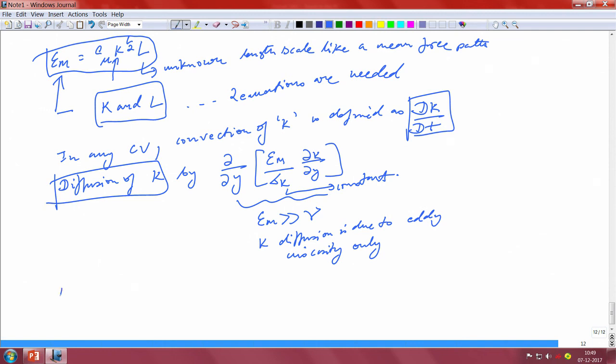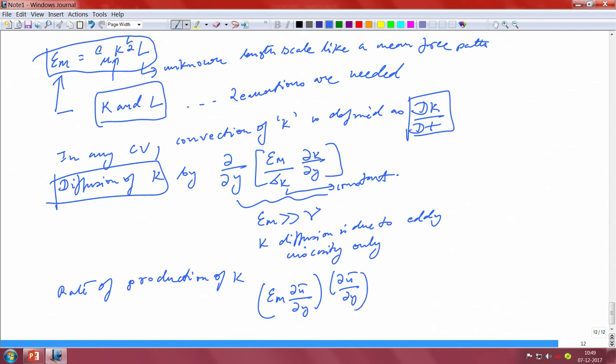Therefore, there could be a rate of production also of K, which is given as epsilon m. It is a transport equation. So, you should have all these kinds of equations over here, y and du bar by dy. This is eddy shear stress, and this is some kind of an average velocity gradient.